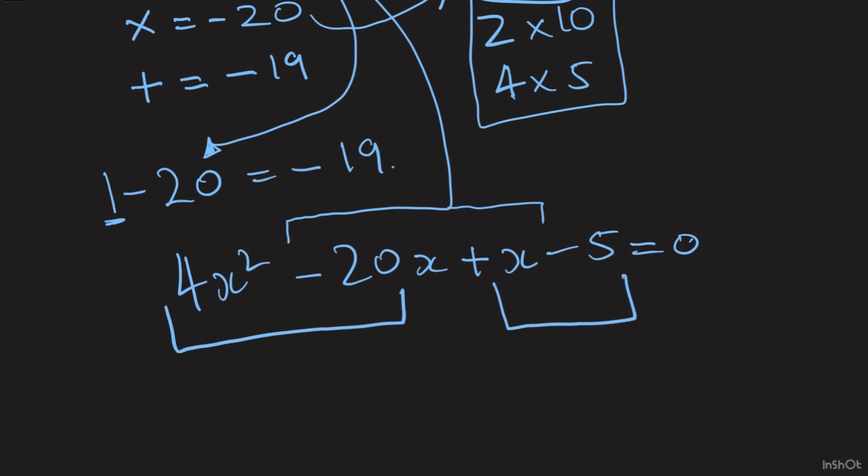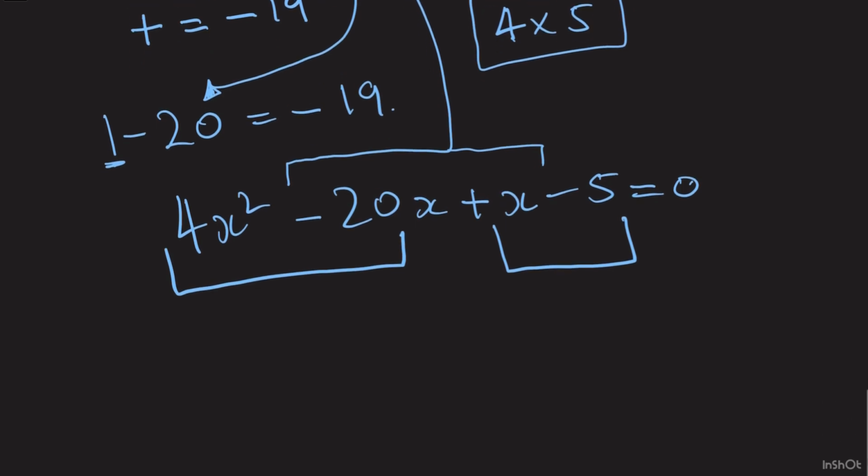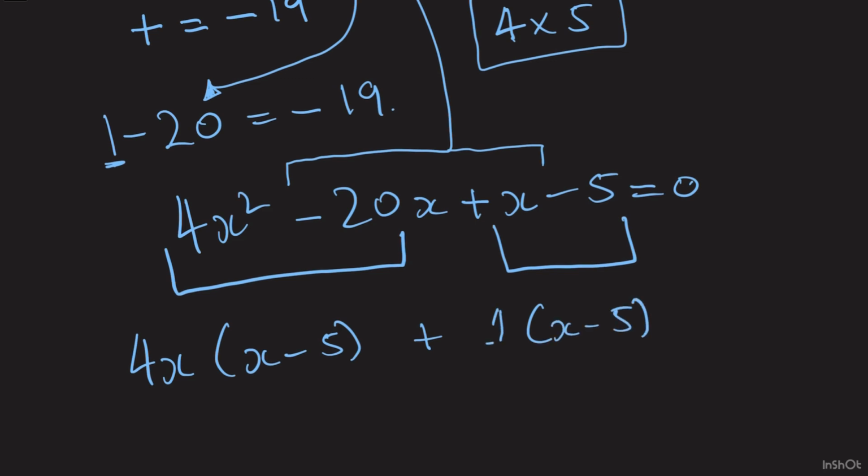Because I could see that later on when I factorize it, I can get this to be x minus 5. So if I take a factor of 4x out, this will equal x minus 5, and that will be the same as the other side, x minus 5. And I want to put a 1 in front of here because there's only one x minus 5 on the right side.